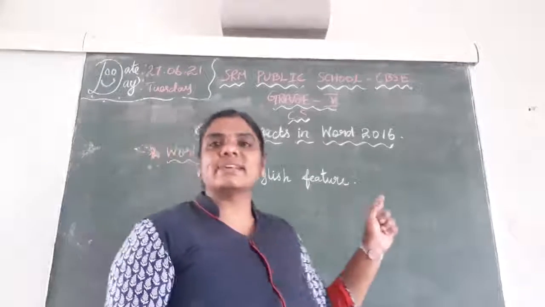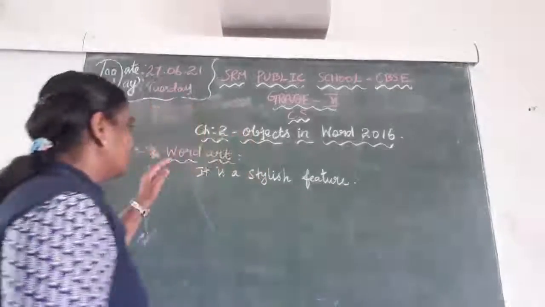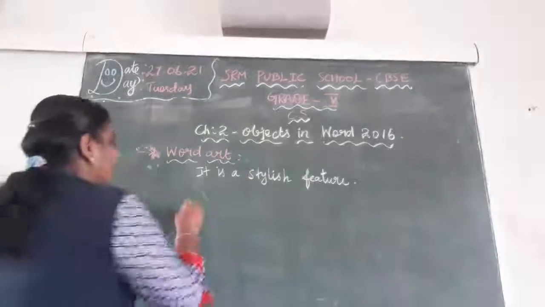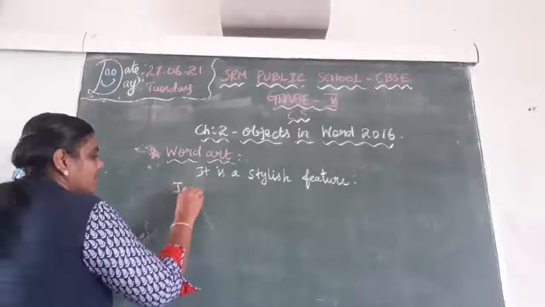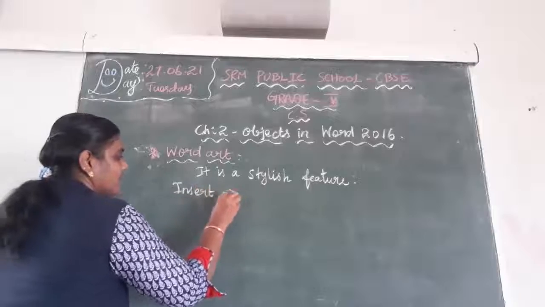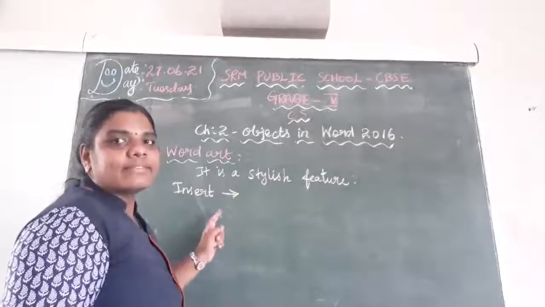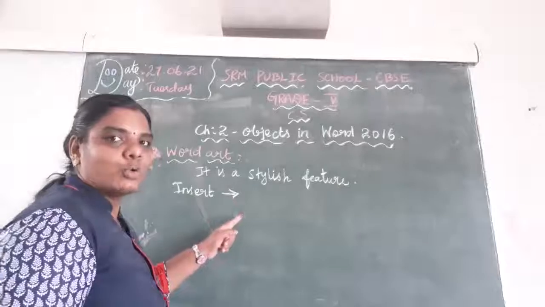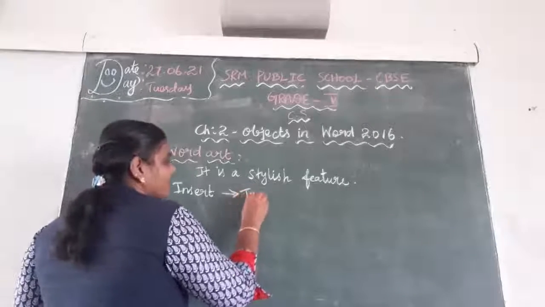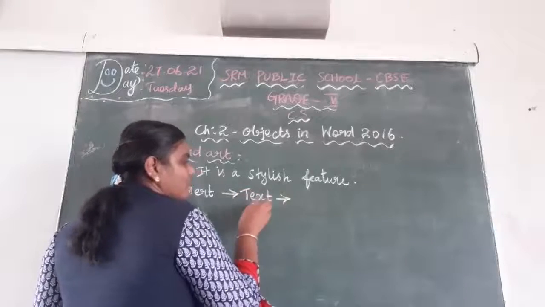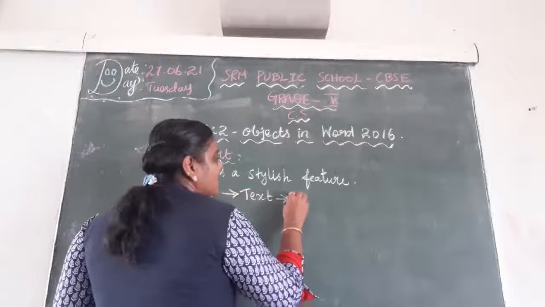How we can insert the word art? The word art option is available on the insert tab. Which tab? Insert tab. In this insert tab, we can go to text group. In this group only we have the option word art.